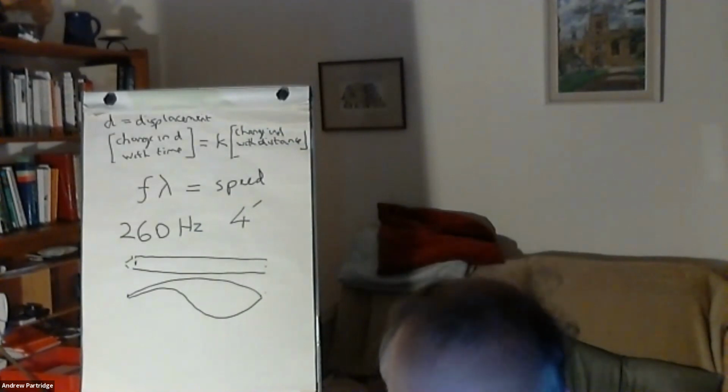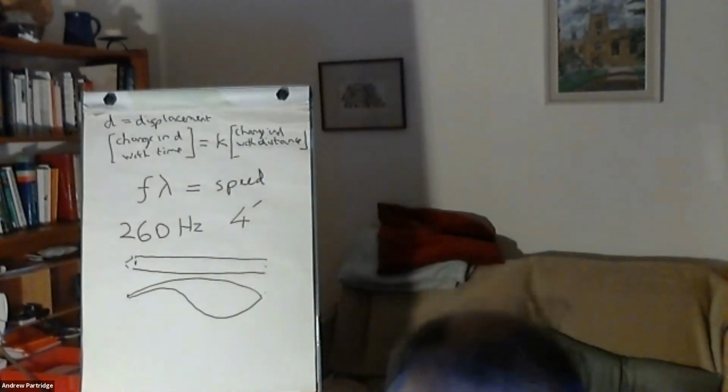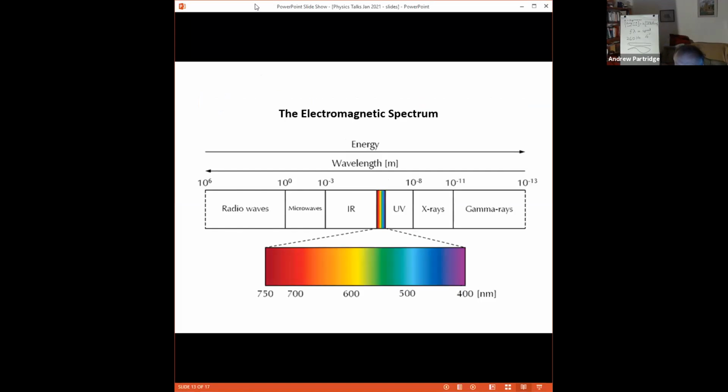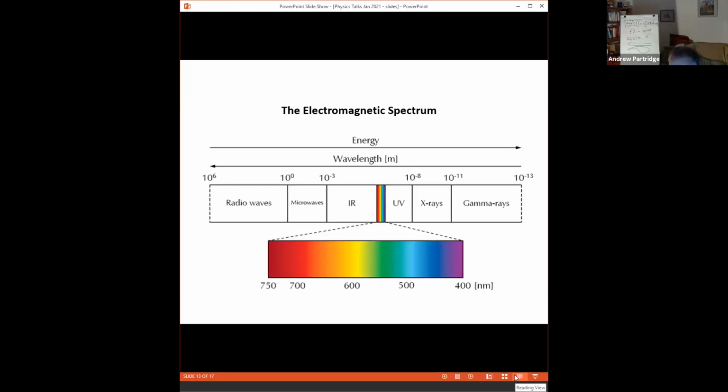And of course, then we discovered, and we're now skipping on, that light is only a tiny little bit of what's known as the electromagnetic spectrum, which can have waves just like sound waves.